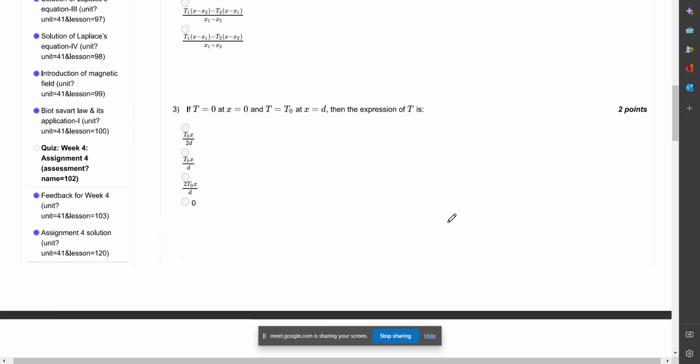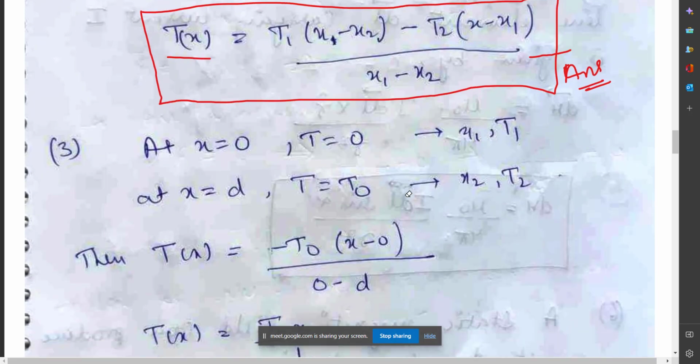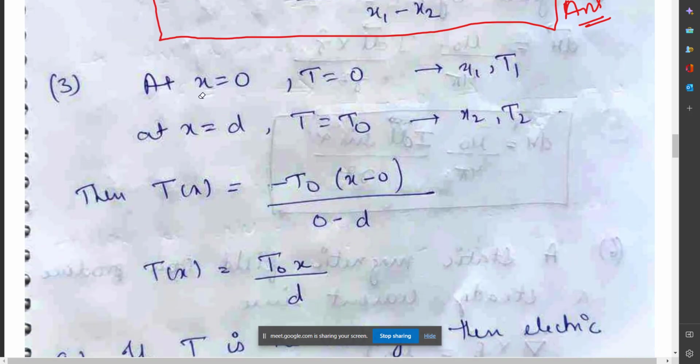Now, in the question it is saying if T is equal to 0 at x is equal to 0 and capital T is equal to T naught at x is equal to d, then the expression of T will be. Now what you have to do here is put, at x is equal to 0, T is equal to 0, isn't it?